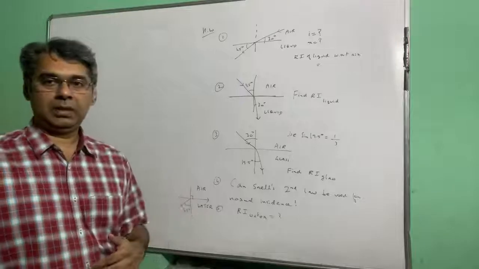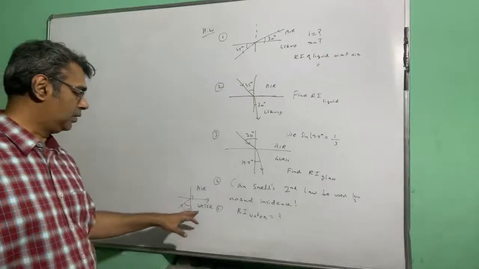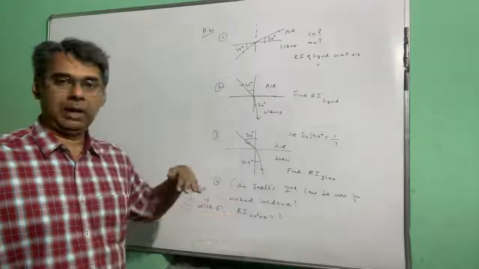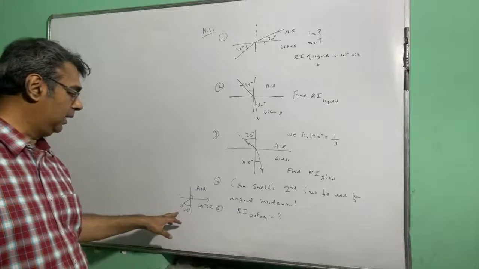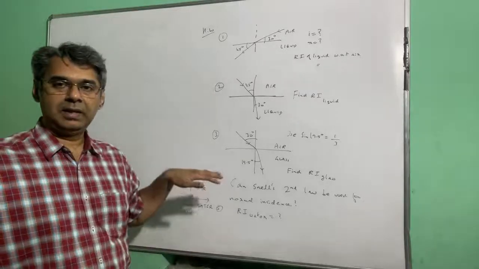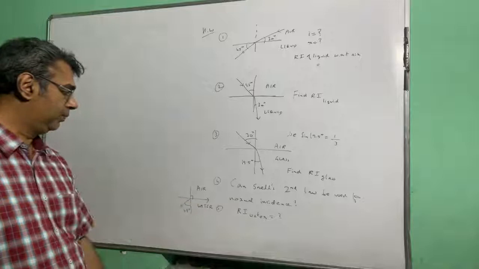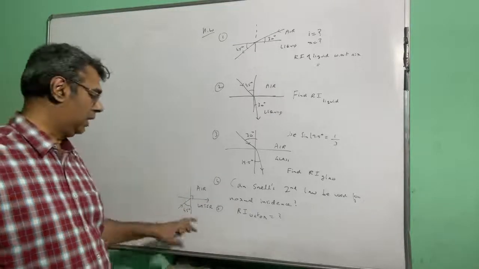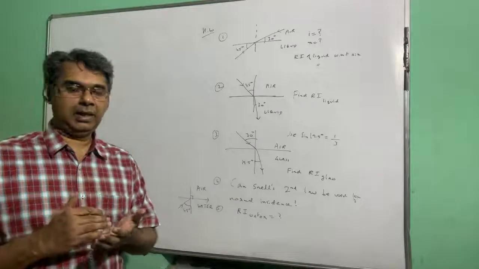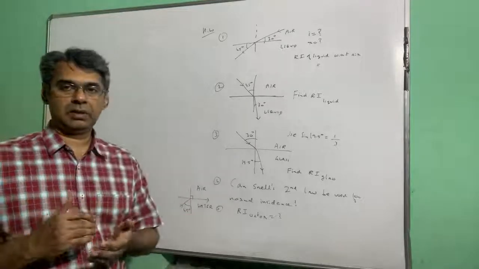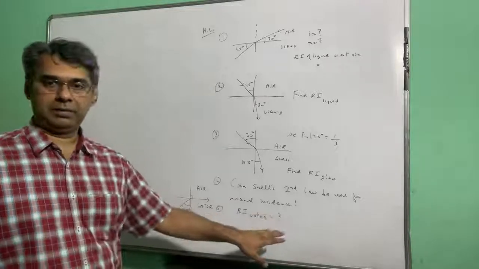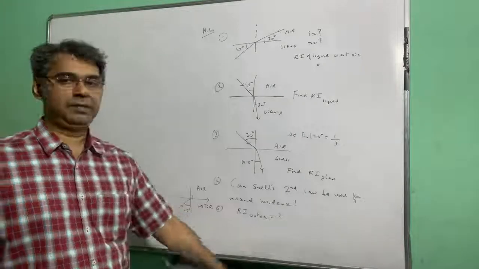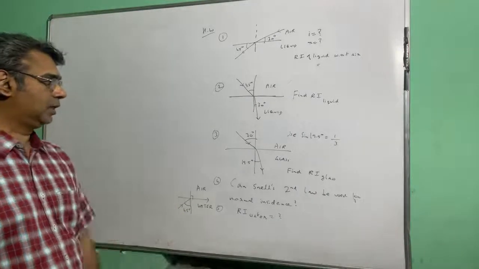After being incident on the boundary between air and water, it is moving along the water surface, and this is air. So in this situation, you will have to say what is the refractive index of water. This is question number 5.